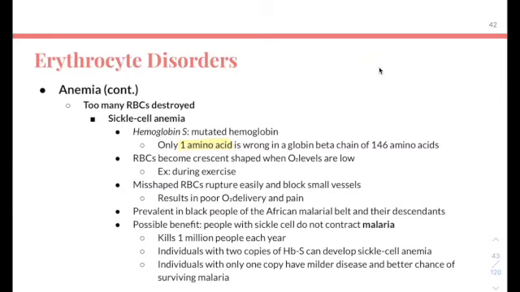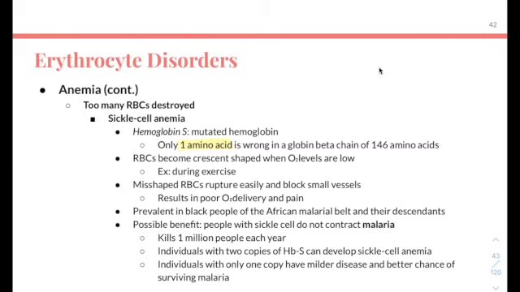So during exercise is a big one. And they get stuck very easily in those really small capillary beds, really small blood vessels. So we're not getting as much oxygen delivered as we need, and it can cause extra pain. It is more common in Black people of the African malarial belt and their descendants.